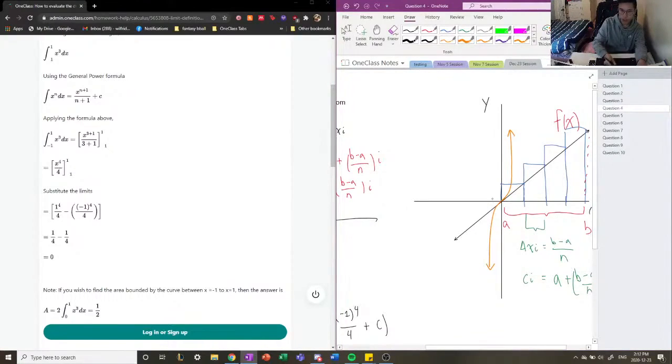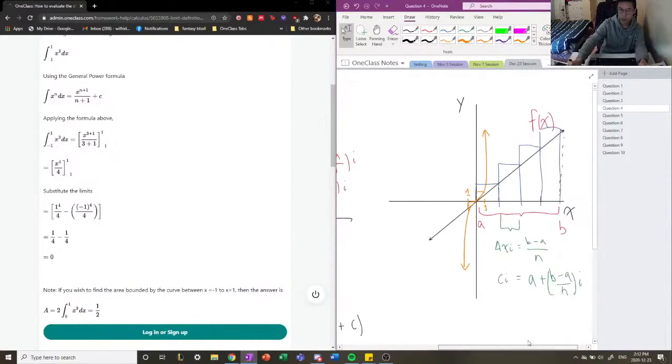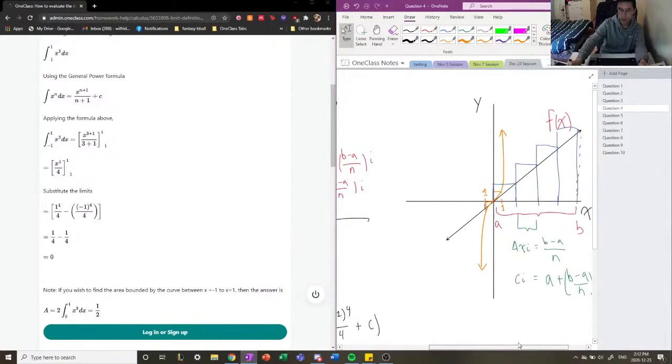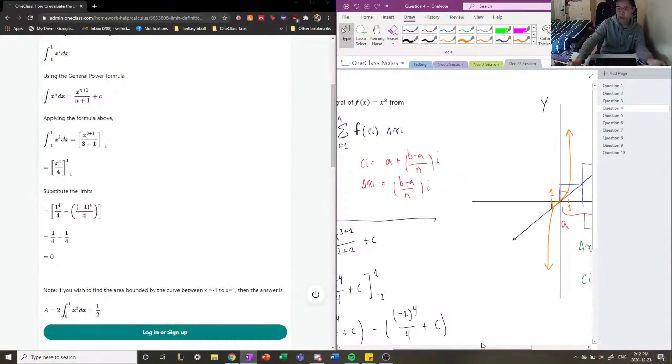So if we were to calculate the area from, let's say, -1 to 1, if this is 1 and this is -1, we'd see here that the areas would cancel out, because the integral basically considers negative areas.